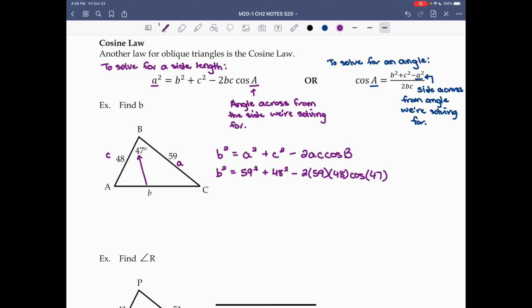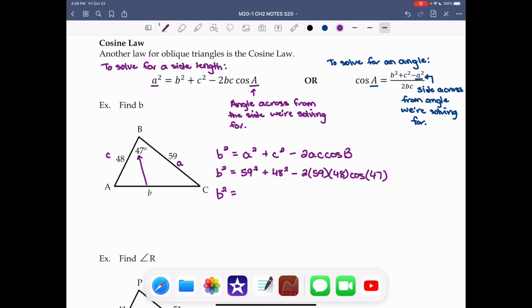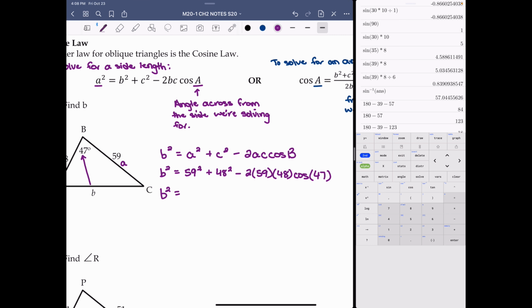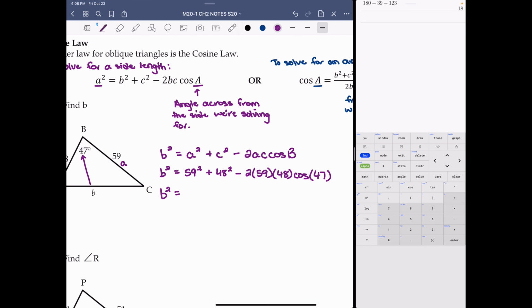From this point, it's pretty easy. I just need to plug all of that into my calculator. I'm going to put it all in at once; there's less chance of making an error. So 59 squared plus 48 squared minus 2 times 59 times 48 times cos 47.